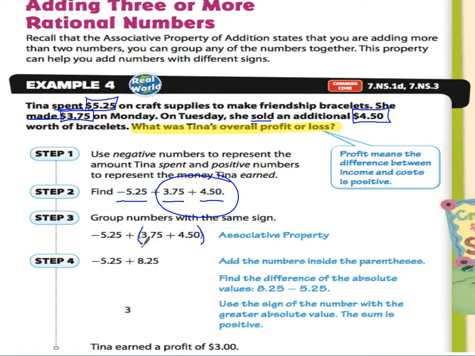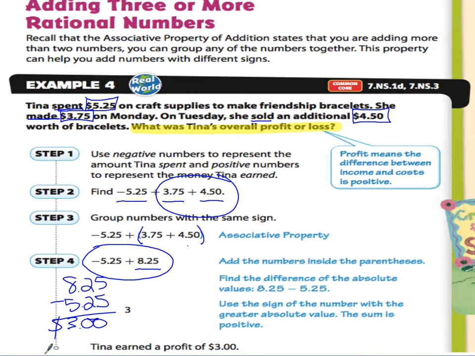So here, I'd rather add my two positive numbers, which got me a positive $8.25, and then only add two different signs once so I don't get all confused. Okay, and then I know that when I do that, I actually do 8.25 minus 5.25, and I get $3. So she had a profit of $3.